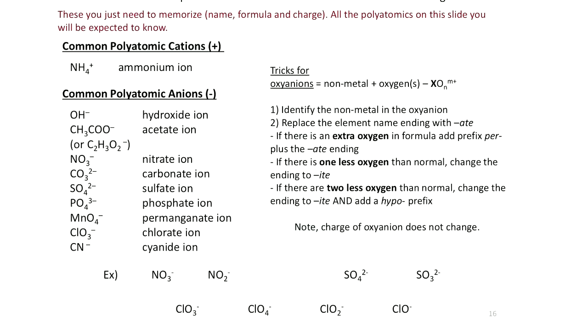And so here's the trick, right? An oxyanion is something with a nonmetal and an oxygen attached to it. So, for example, sulfate, phosphate, chlorate, all of those are a nonmetal with oxygen attached to it.